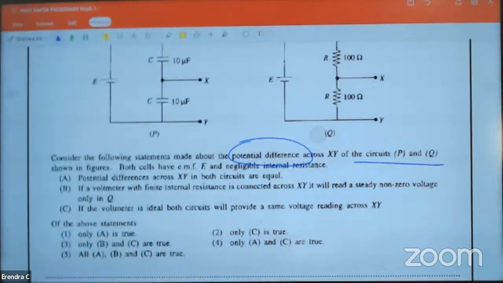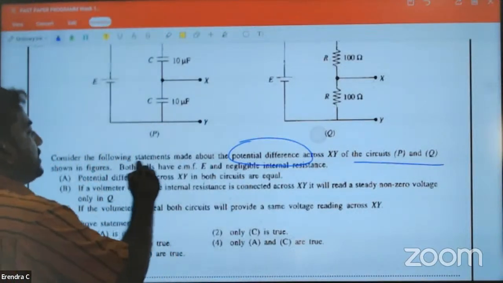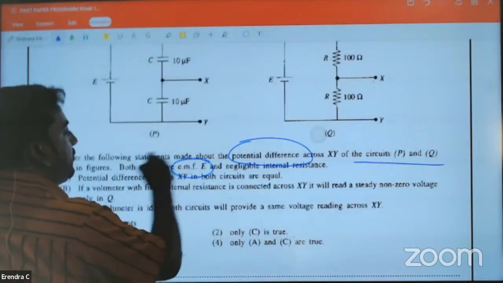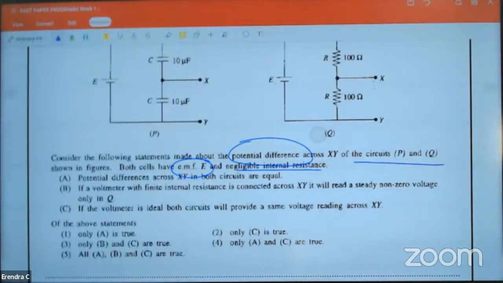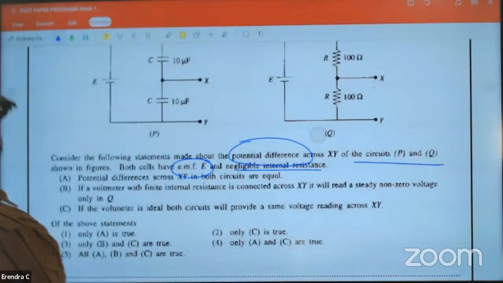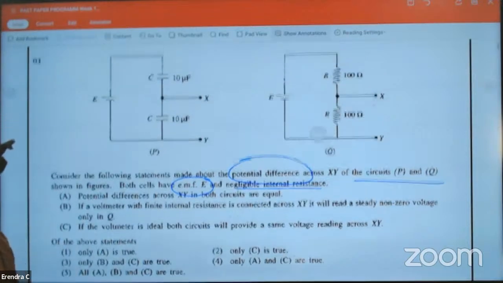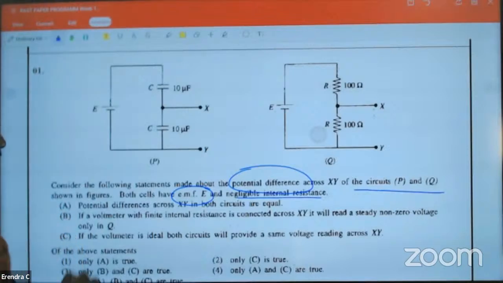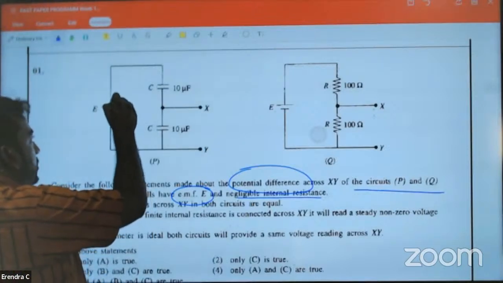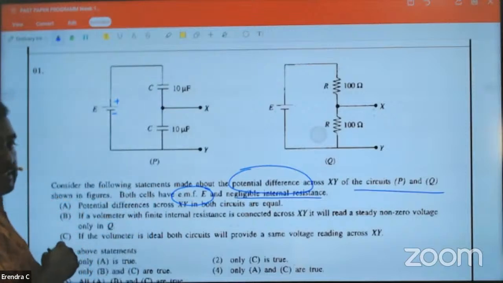Look at this. Internal resistance: same EMF, negligible internal resistance. Look at this carefully. Now, observe. What's happening here? This is positively charged, this is negatively charged.